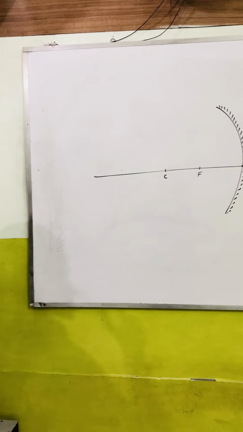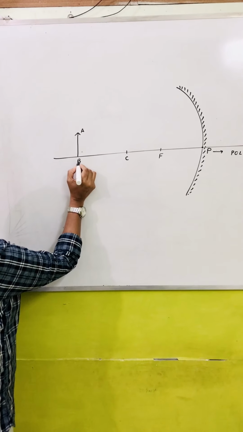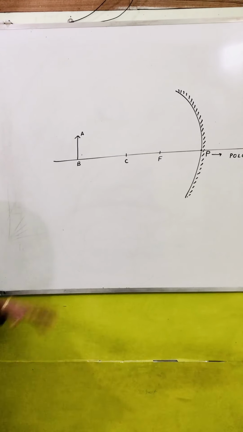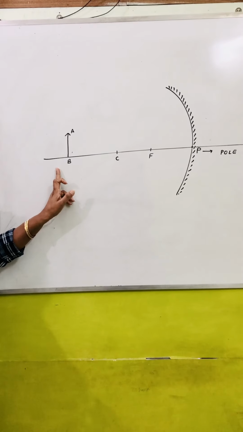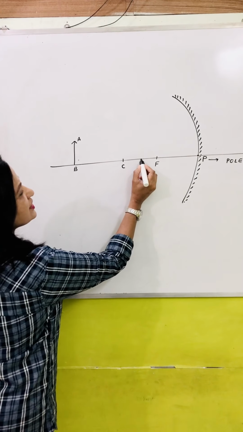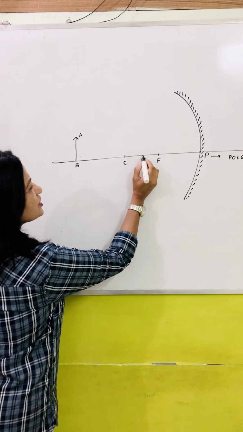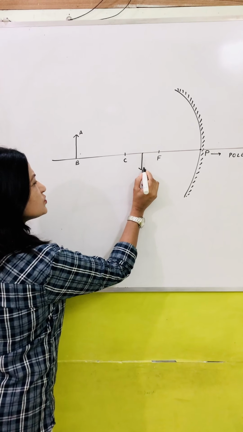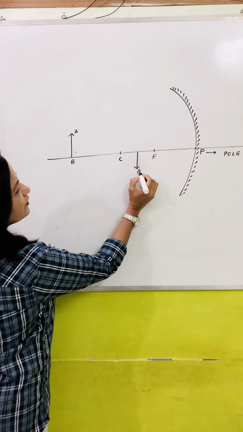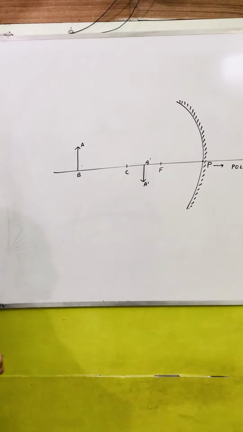For obeying all those rules, let's take an example of an object, an extended object of height AB. If I take an object of height AB beyond C, now all of you already know that the image is going to be between C and F, and the image is going to be a real image, inverted real image smaller than the height of the object, which is going to be labeled as A dash and B dash.